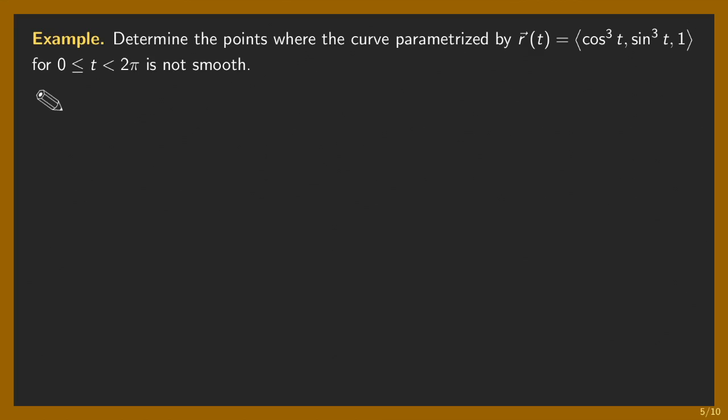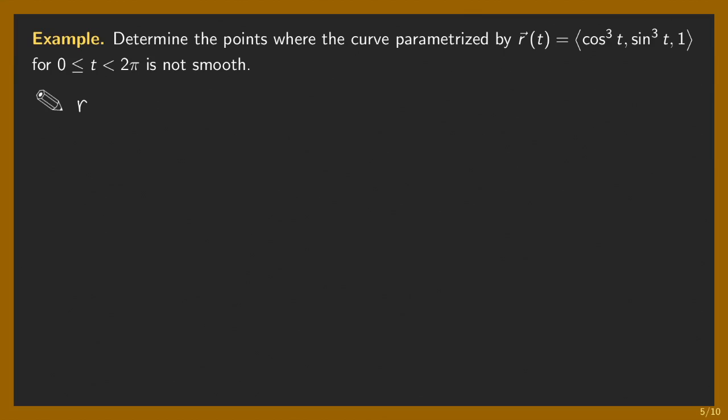As you can tell, each one of these are differentiable functions, so we only need to find where the derivative fails to be continuous, but I doubt that the derivative will be discontinuous because these are trigonometric functions. So the only way to get sharp turns is for the derivative to become zero.